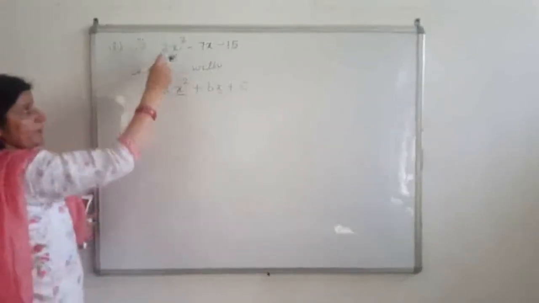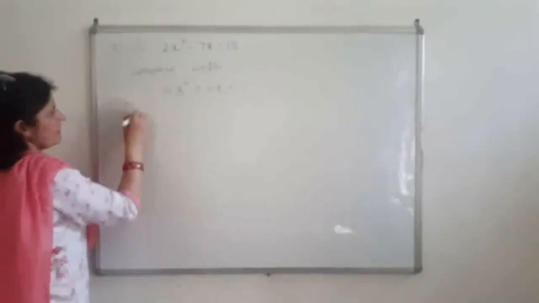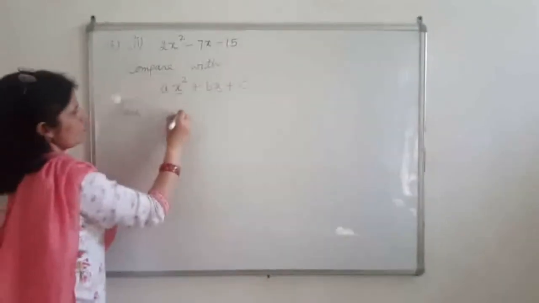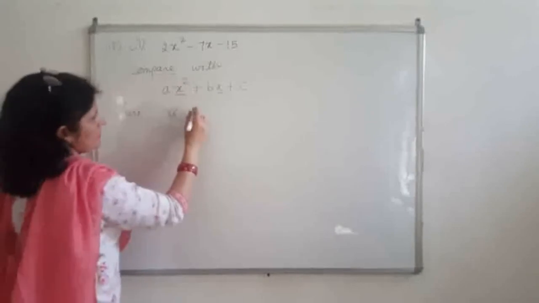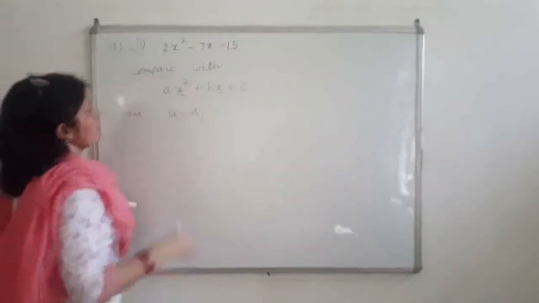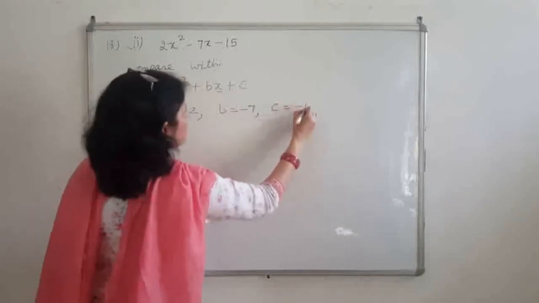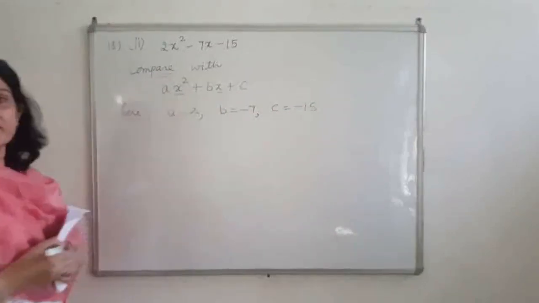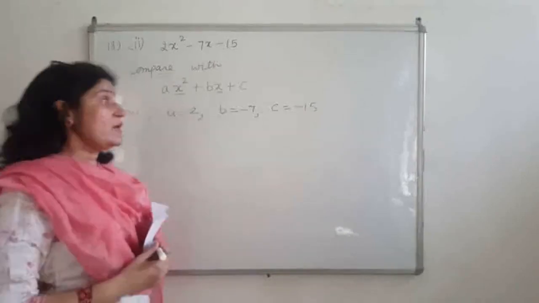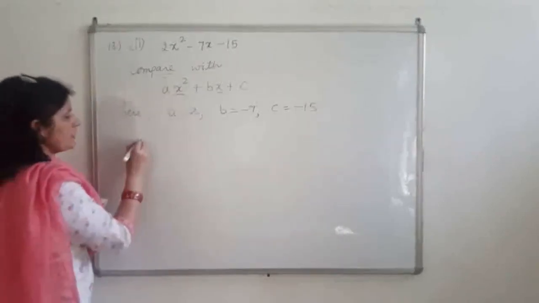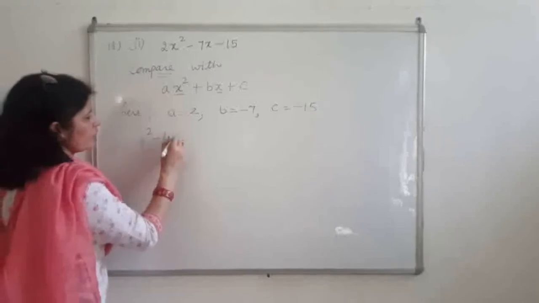If you compare it, what is a? a is 2, b is minus 7 and c is minus 15. After finding the coefficients a, b and c, what will we do? We have to find b square minus 4ac.